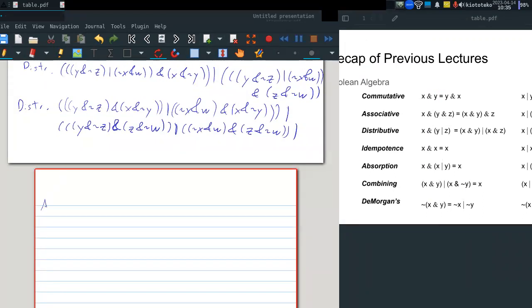We say associative, and we will have the next.